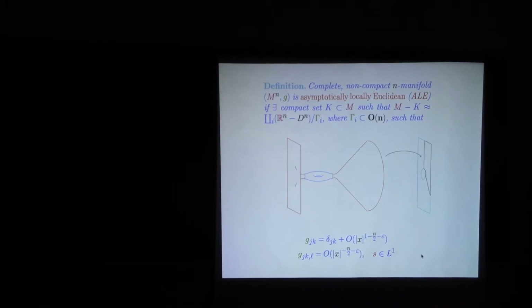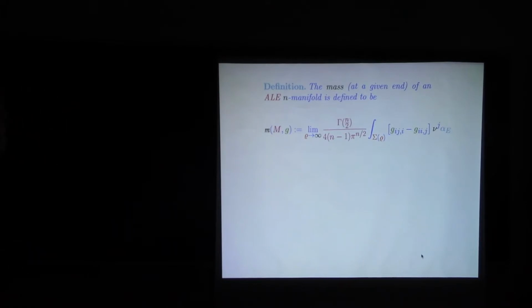All right, so finally I should get to the heart of the matter. If we have an ALE manifold, it still makes sense to talk about its mass at a given end. And the definition is almost exactly the same.